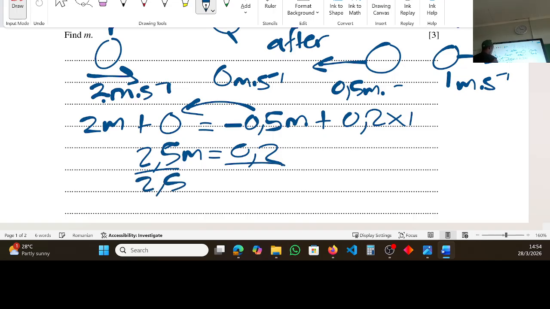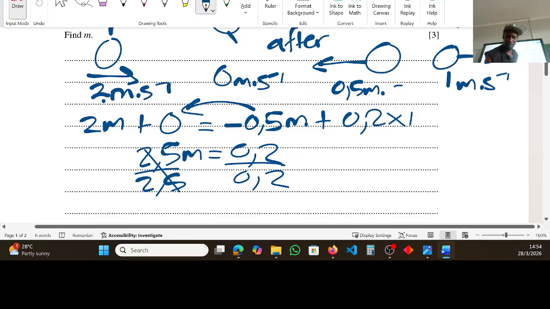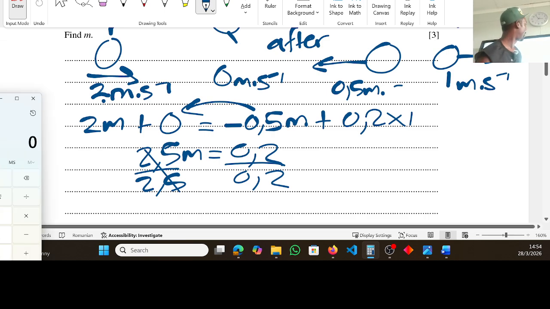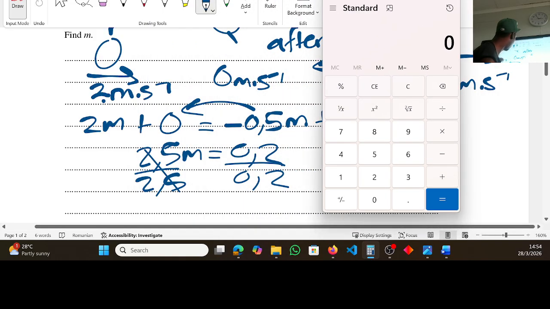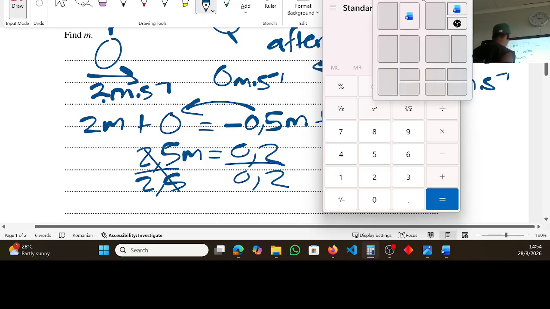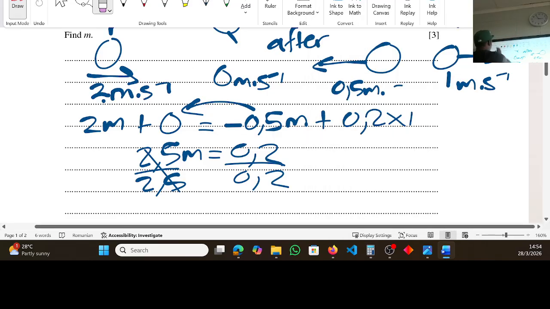I need my calculator here. First, I'll divide both sides by 2.5.